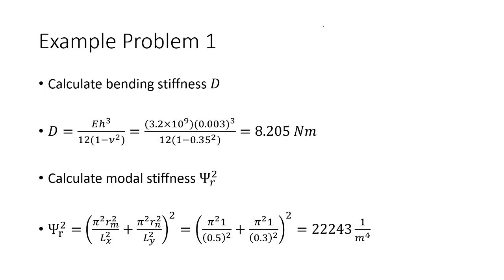The 1-1 mode, again, looks like this. It just has half a wavelength in each direction, and it's the lowest frequency mode. So that comes out to be, when we plug in the two mode indexes and the length in the x direction and the length in the y direction, 22,243, and the units are 1 over meters to the 4th.